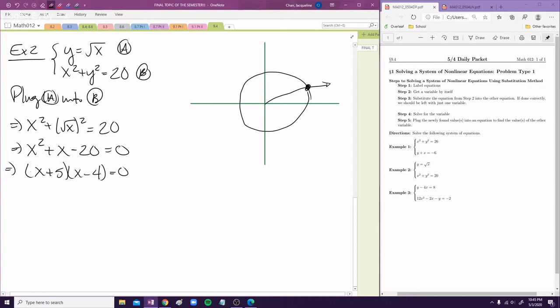Use the zero product property, and I'm going to skip those steps. So we get x is equal to -5 or positive 4. Now remember our solution is a point. We have the x coordinate, now we need the y coordinate. So let's plug these in. I'm going to use equation A.